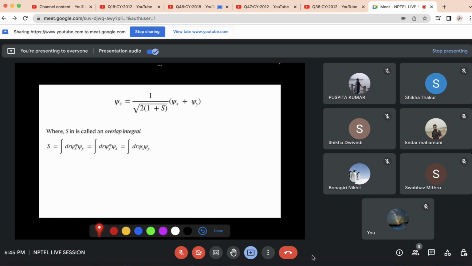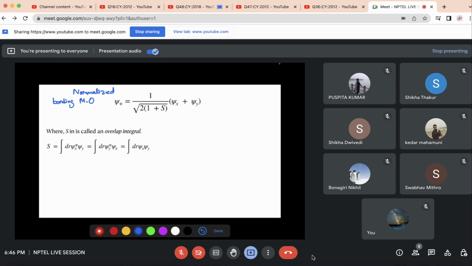So here we know that this is my normalized molecular orbital. Actually, this is a bonding molecular orbital.